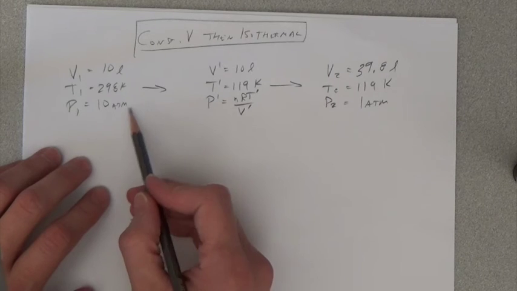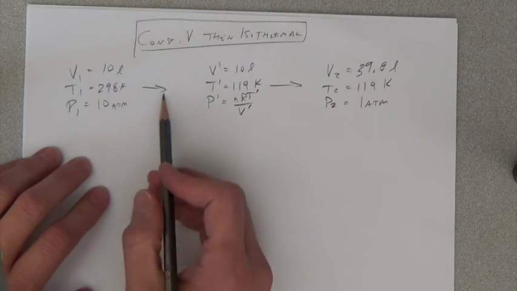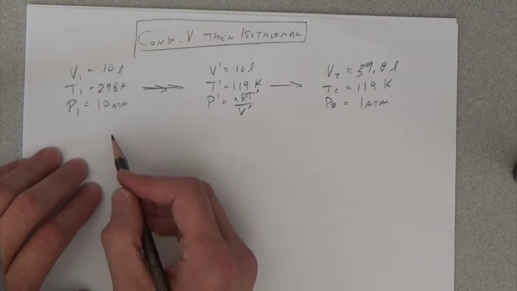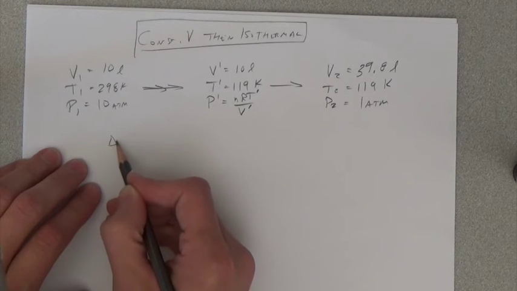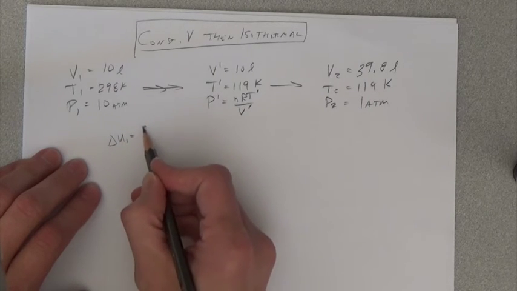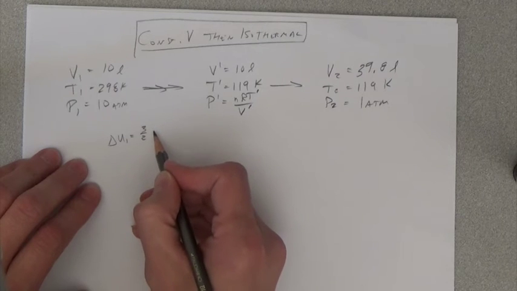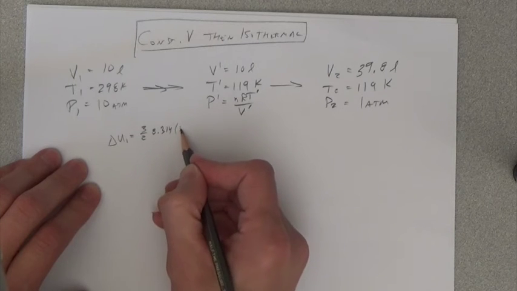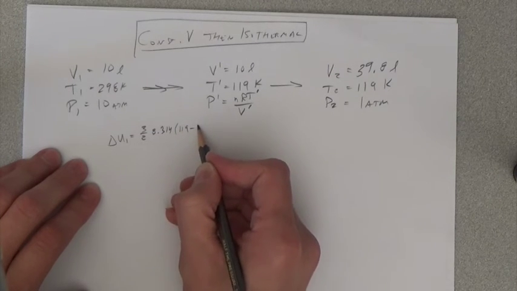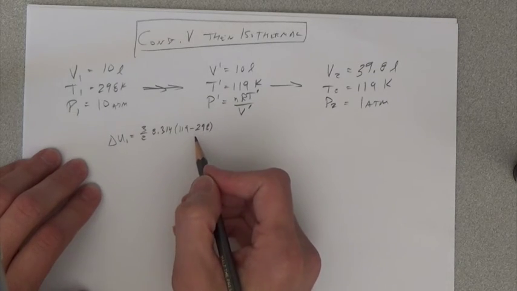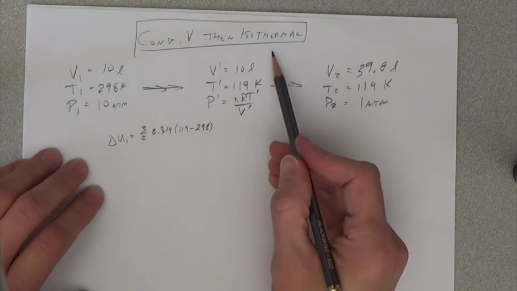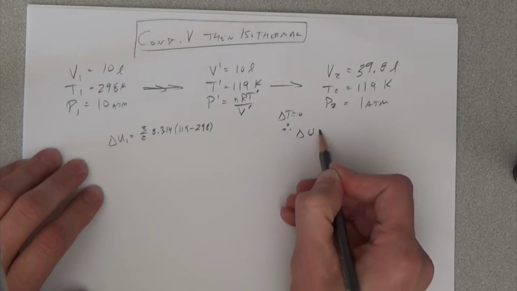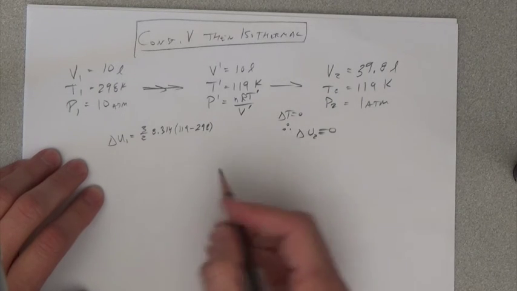Okay, the constant volume change in energy is just what we solved before, right? Which was delta U1 is equal to 3/2 R times delta T. And isothermal, therefore delta U2 equals 0.